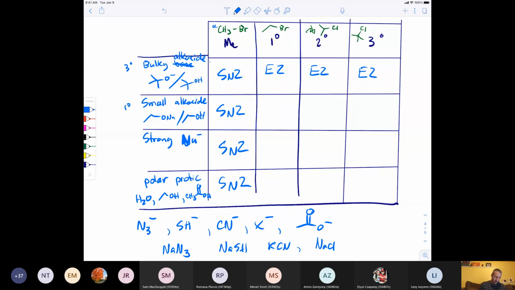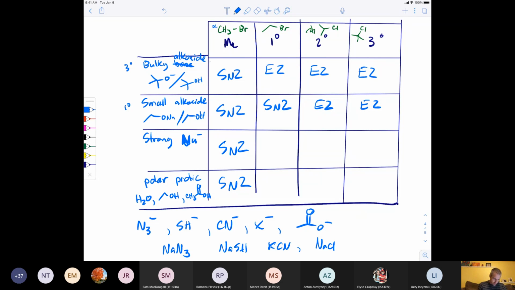Other than that one, bulky alkoxides will do all E2. Small alkoxides also like to do E2, except in the case of primary. Primaries are really fast at SN2, so they typically will give a major product of SN2. It'll probably give some E2 as well, but typically SN2 is major.